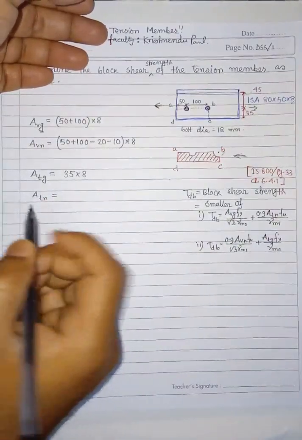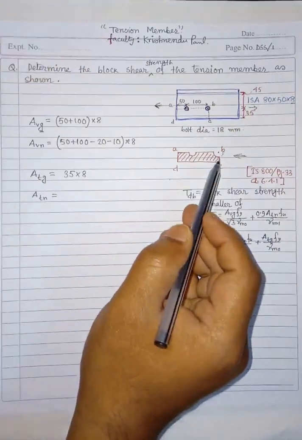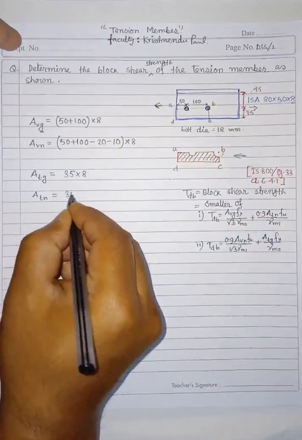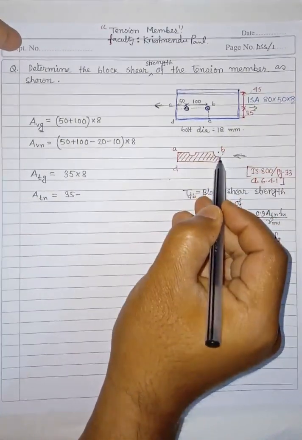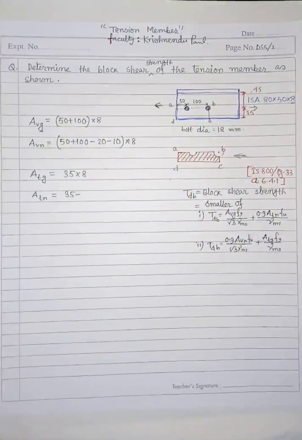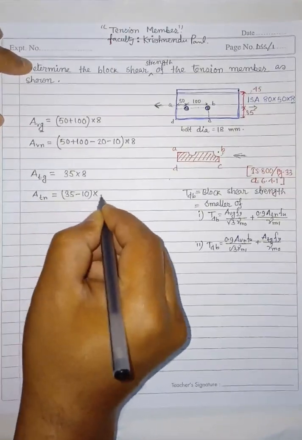You should not deduct the hole. Now in case of Atn, you should deduct the holes. Here it should be 35 minus half of the hole diameter, so minus 10, into 8.